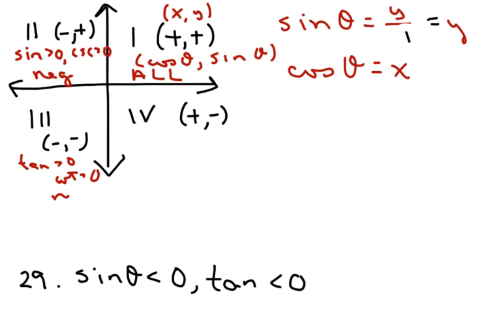Everything else is negative. And in quadrant 4, cosine is positive, therefore secant is positive. Secant is positive, all others are negative.